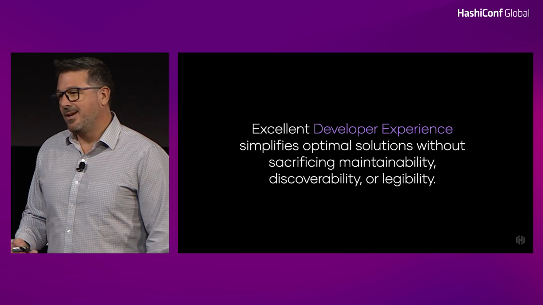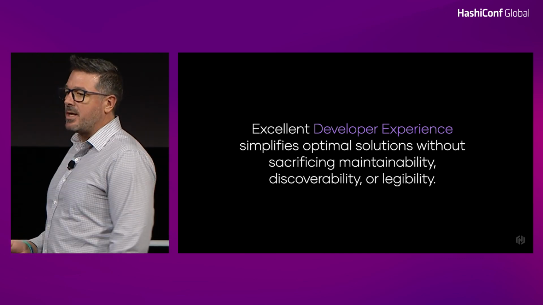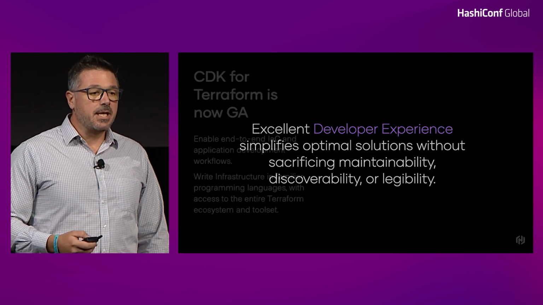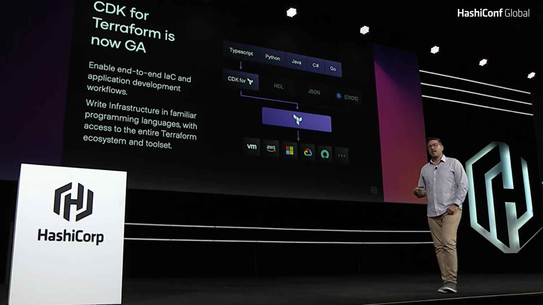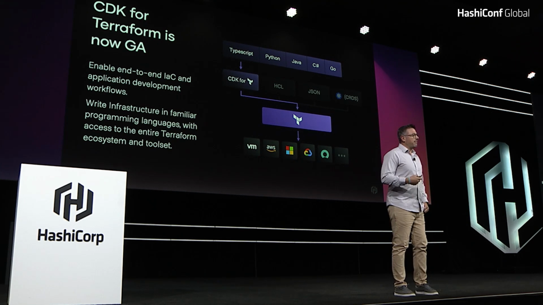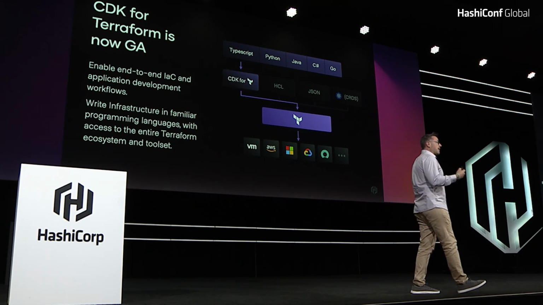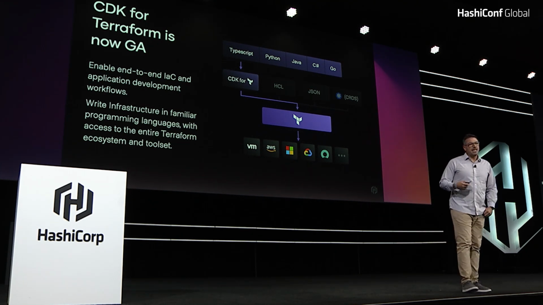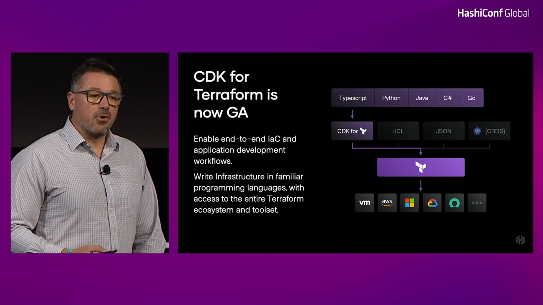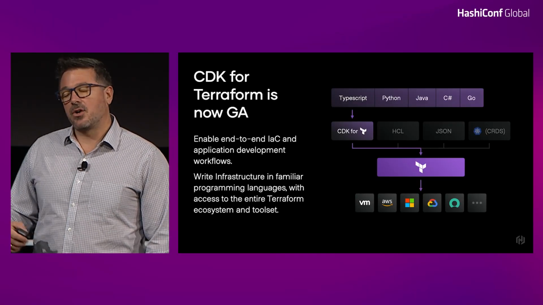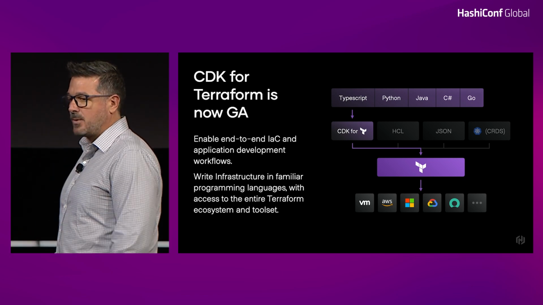One of the new announcements that we want to make is around the CDK for Terraform, which is now generally available. CDK for Terraform allows developers who are familiar with programming languages beyond HCL to automate infrastructure using Terraform while having access to the entire Terraform ecosystem and toolset, right?